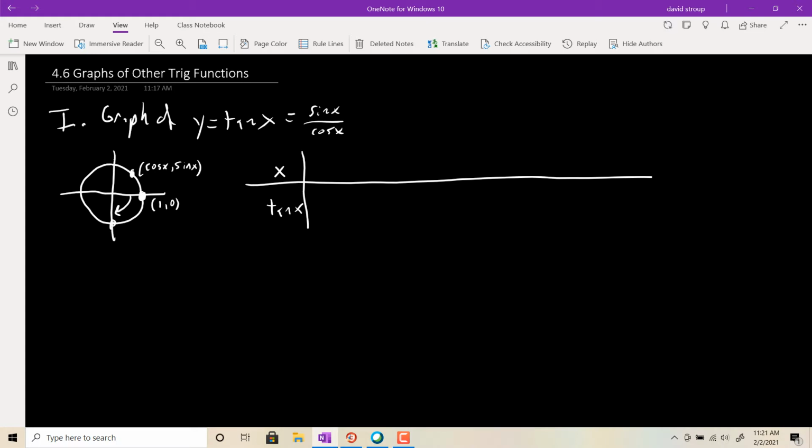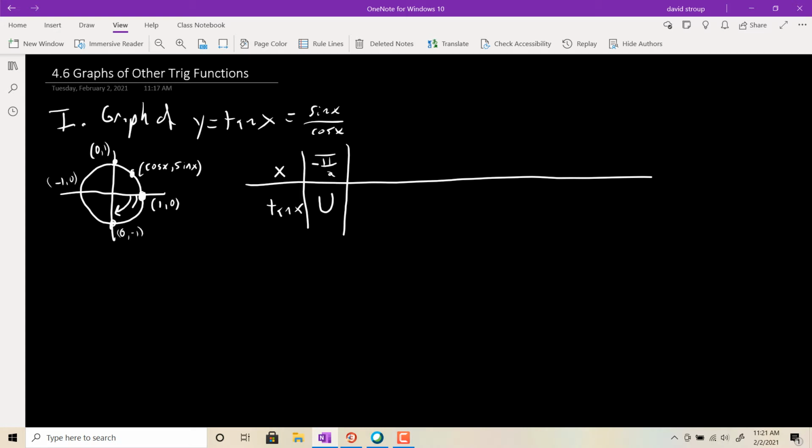And maybe we should label these points. Starting at negative pi over 2, we have negative 1 over 0. It's undefined. We hadn't seen that before in the other graphs. What undefined means is we have division by 0. Graphically, that'll be an asymptote. So there's an asymptote at negative pi over 2.